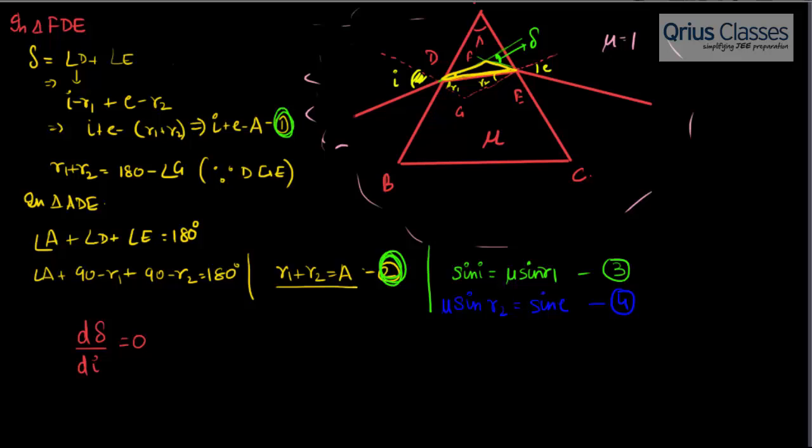So if that is the case, put down the value of delta here. What we get is d by dI of (I plus E minus A), where A is a constant angle of the prism, which gives us that 1 plus dE by dI is 0, that is, minus 1 is equal to dE by dI.